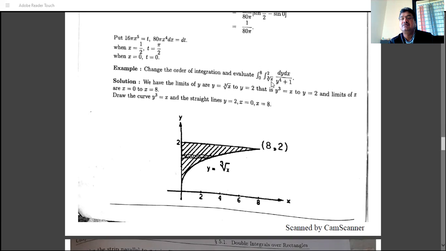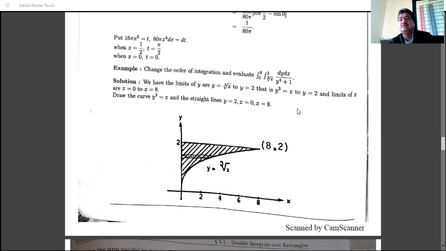Taking the cube of both sides, y cube is equal to x. So this is the figure of y cube equal to x, or y equal to the third root of x.